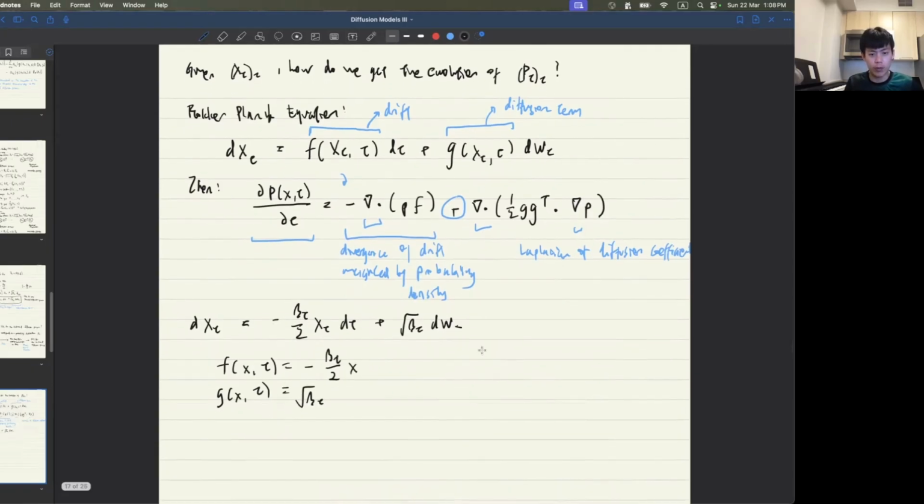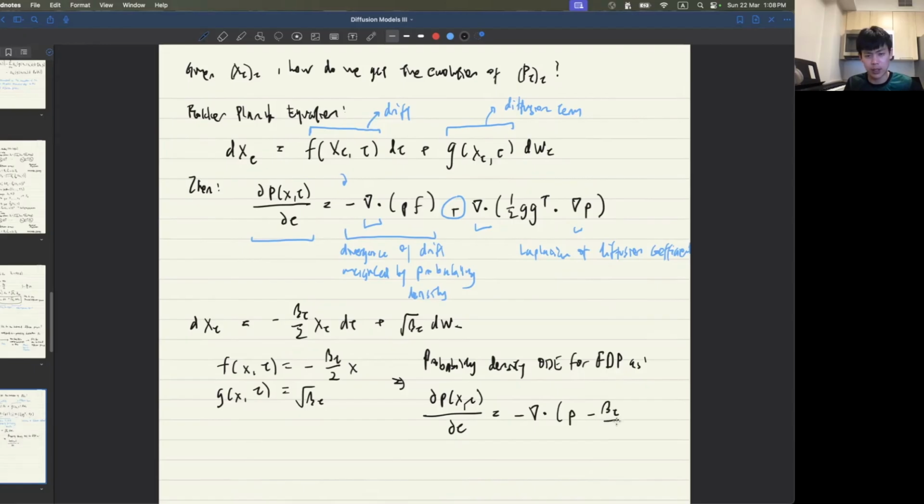And therefore, we can write out the probability density PDE for the forward diffusion process, just by using the Fokker-Planck equation formula: partial p_t(x) over partial t is equal to minus the divergence of p times f, and our f here is minus beta_t over 2 x, plus, for the second diffusion term, g is square root beta_t, so gg transpose will just be beta_t, and over 2 we can bring that constant out, so it will just be the divergence of the gradient of p, which is the Laplacian.